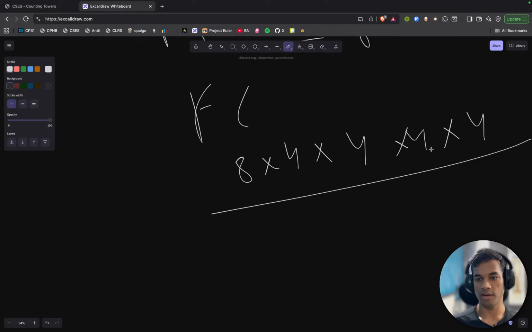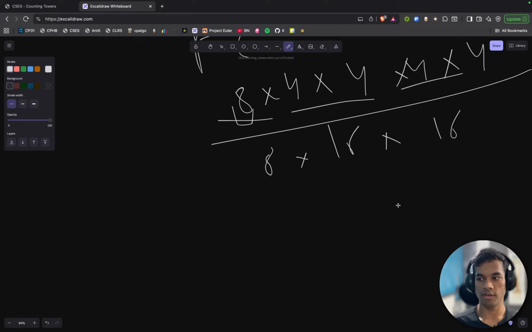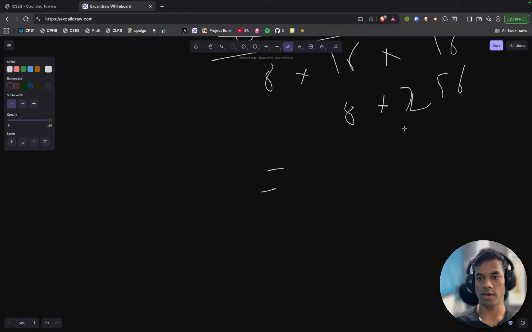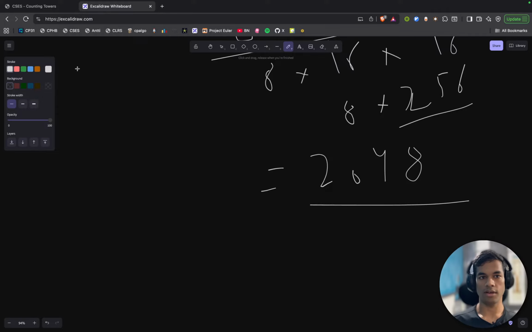So this is what we have. This thing is 16. This thing is 16. This thing, 8 into 1. That is 8. Is 16 into 16, 256 into 8. Mental maths, some quick mental maths. That is 1000, 2000, 2048 something.